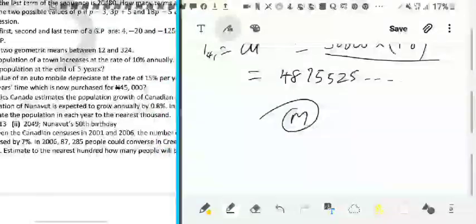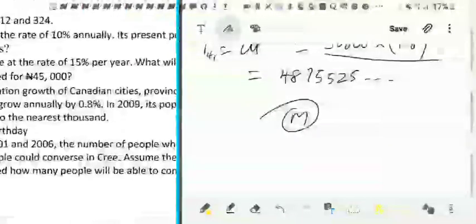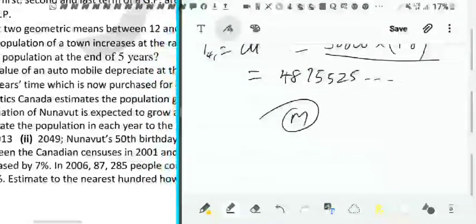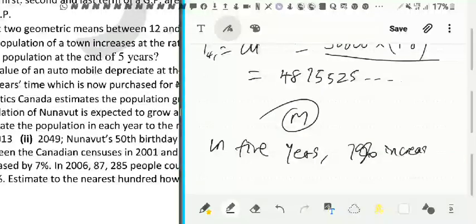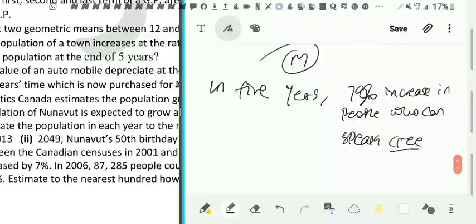Okay, so between a 5-year interval, 2001 and 2006, it was noticed that the number of people who could converse in Cree increased by 7% in 2006. Okay, so in 5 years, a 7% increase in people who can speak the Cree language.